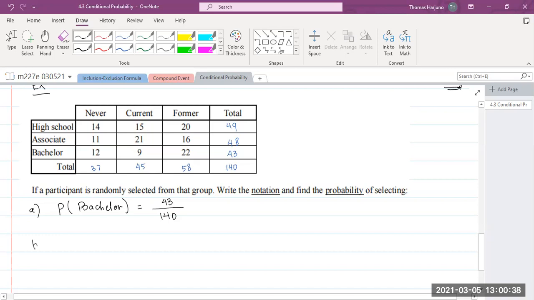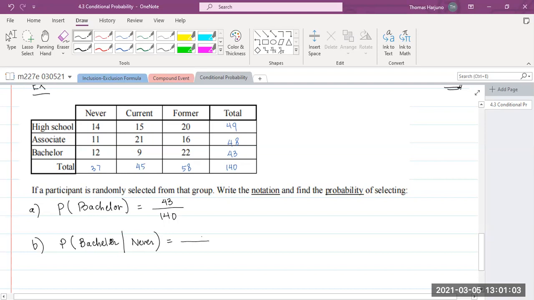Now let's change the situation. Find the probability somebody actually has a bachelor in this group, knowing that person never smoked. Knowing that person never smoked, then you look at those who don't smoke.